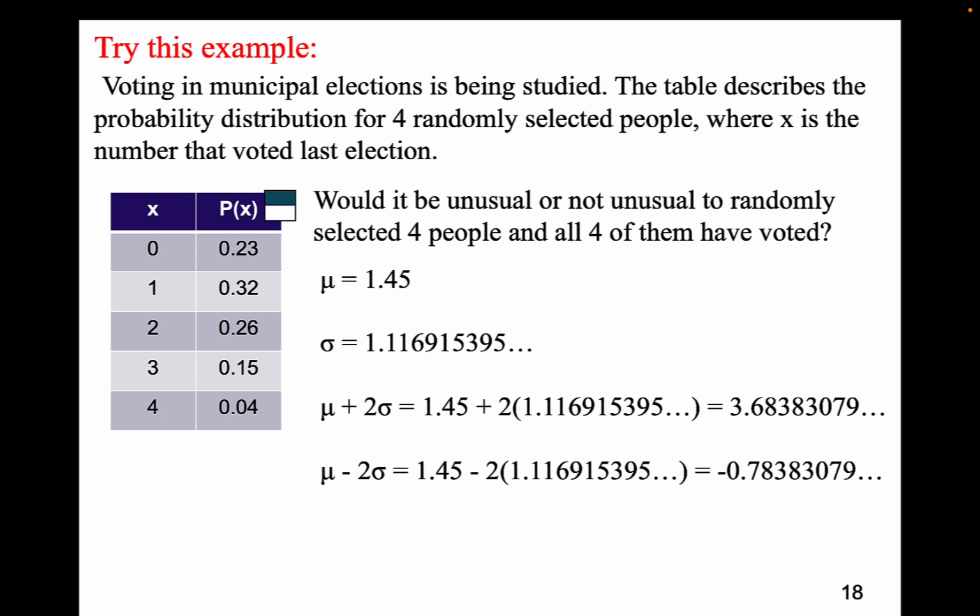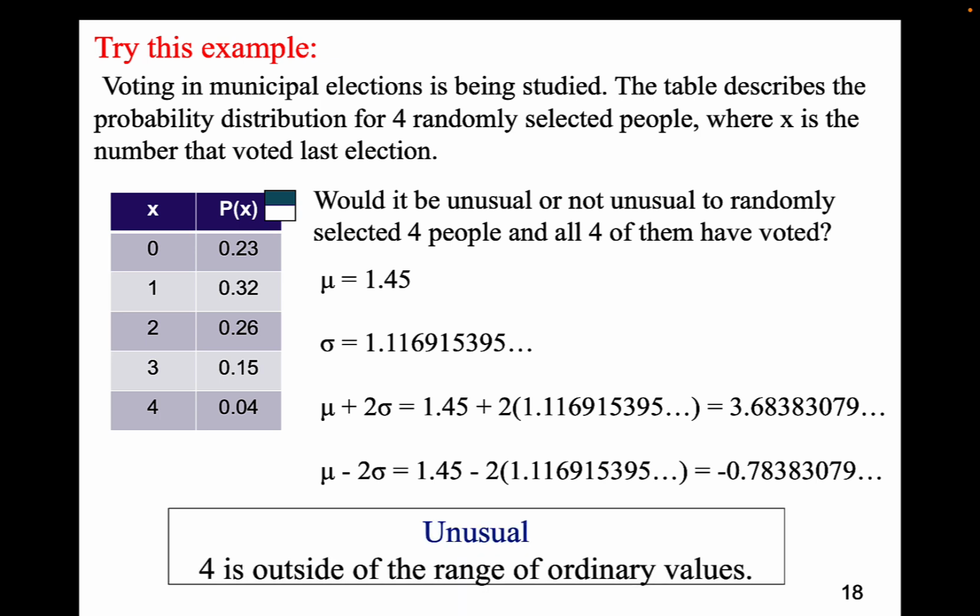And that means that 4 is outside of that usual range, the ordinary values. That range is between negative 0.7 and 3.6. So 4 would be an unusually high number when randomly selecting 4 people and all 4 of them had voted.